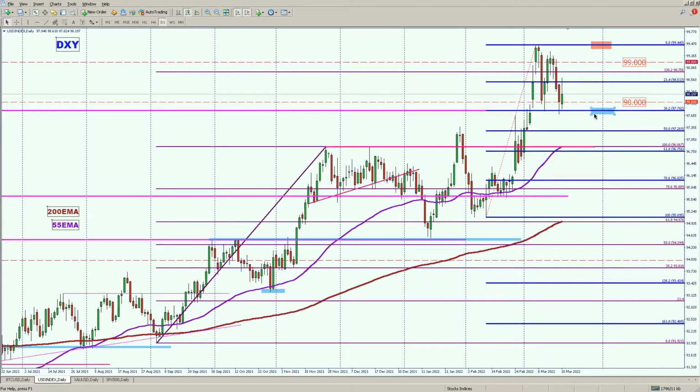Let's also identify another support zone at the 50 FIB retracement. It could also dip down to that level because there's a turning point here with the evening doji star, right at the 50 FIB.